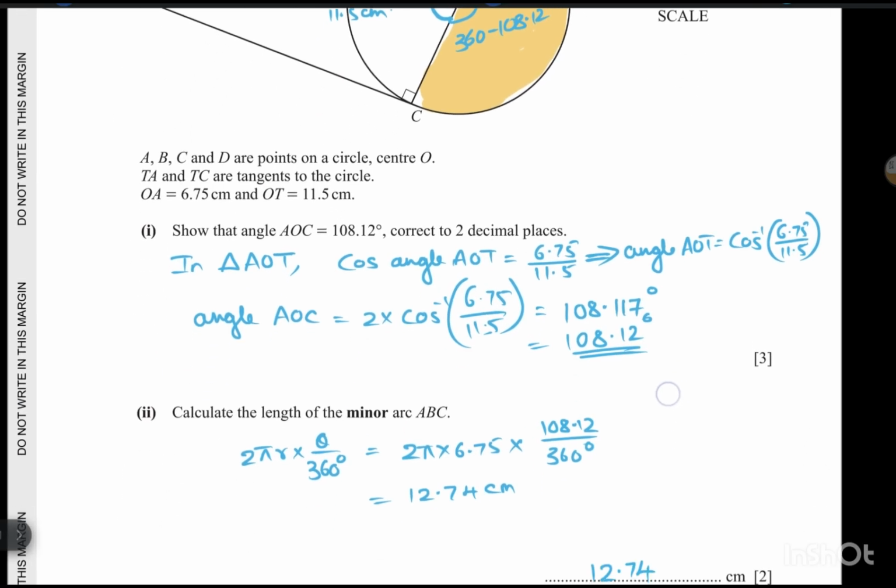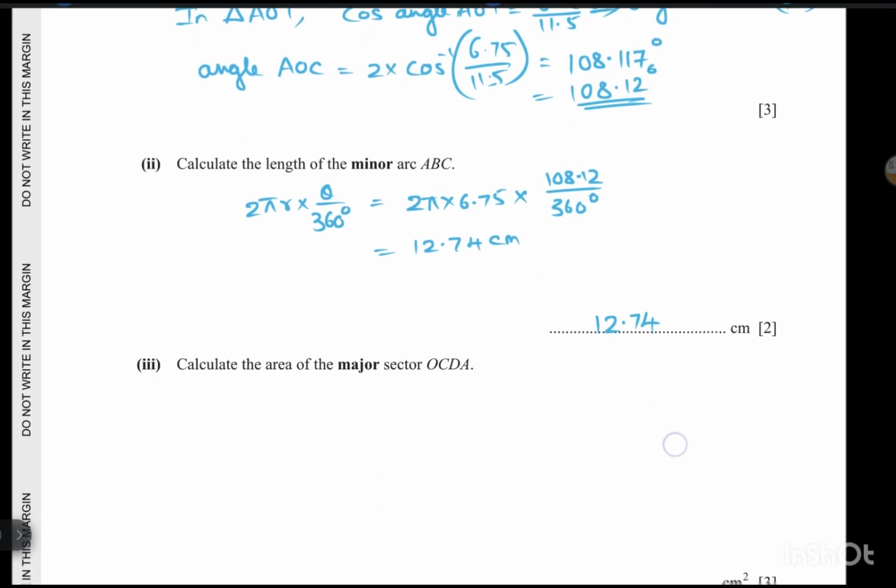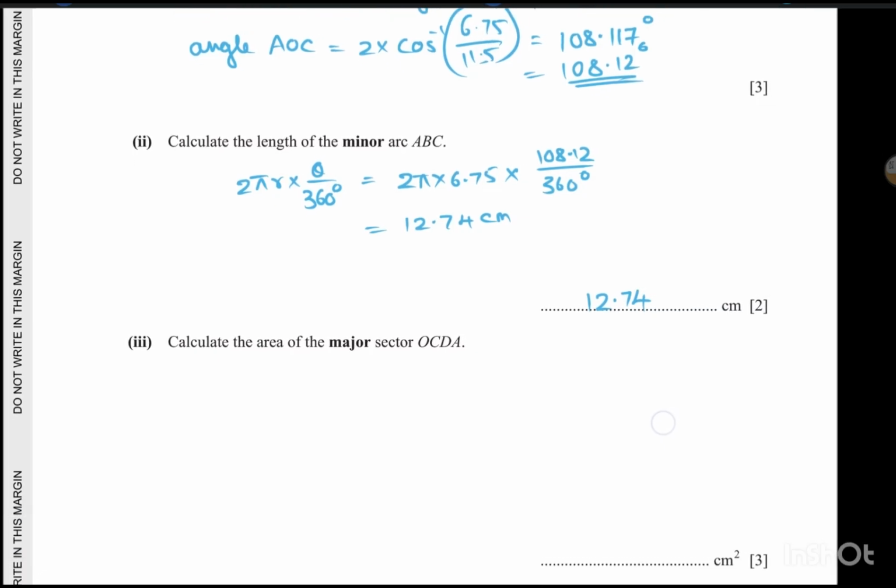So let us take directly the same thing which I just wrote for the formula here. Let me write the formula first. Area is equal to pi r square, not 2 pi r, pi r square into theta by 360.